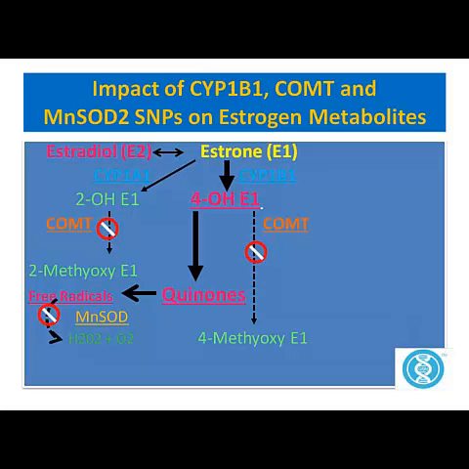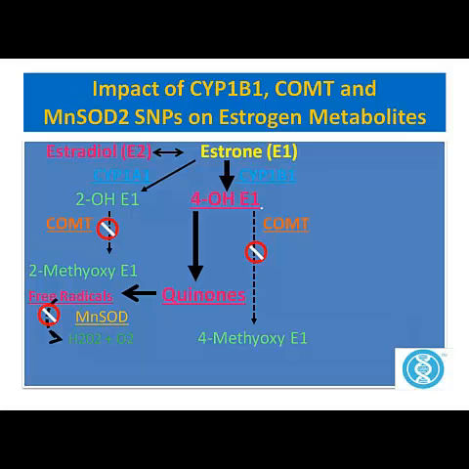A SNP on CYP1B1 preferentially converts estrone to 4-hydroxyestrone at the expense of 2-hydroxy and 16-alpha-hydroxyestrone. Minimizing the production of 16-alpha-hydroxyestrone is a good thing because, as you remember, 16-alpha is an undesirable estrogen metabolite.